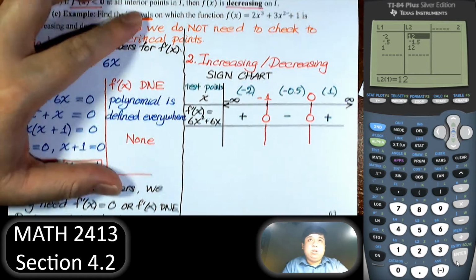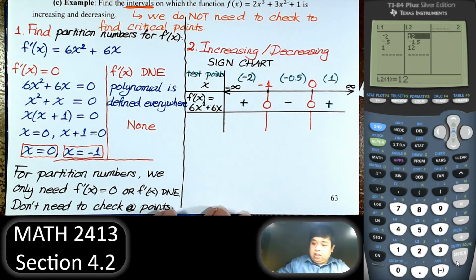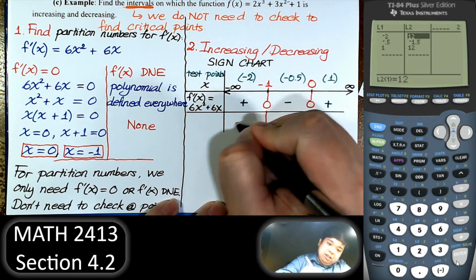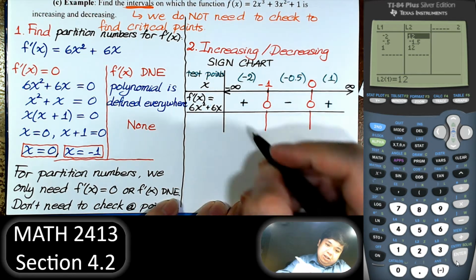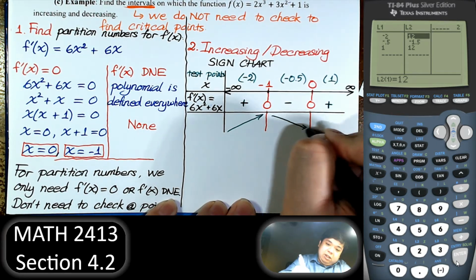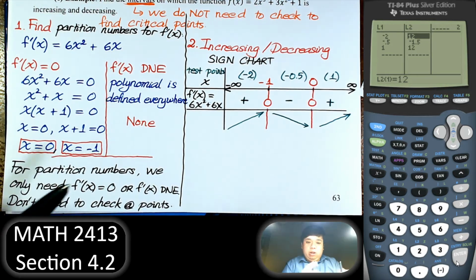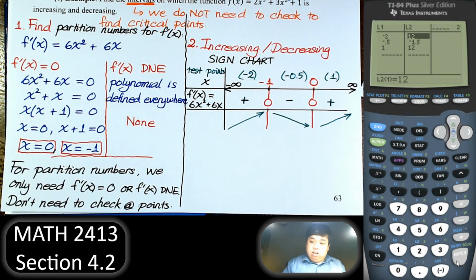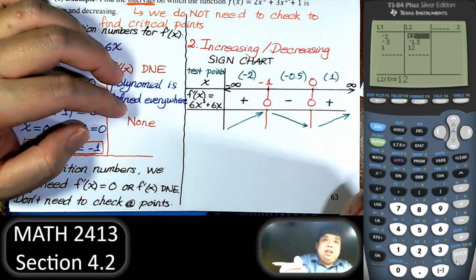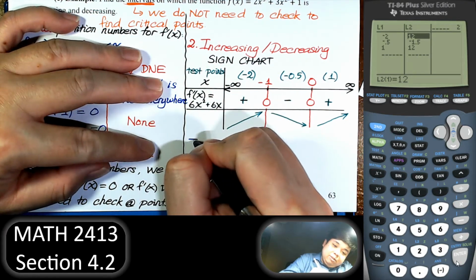According to the theorem we have here, if it's positive, it is increasing. If it's negative, it is decreasing. So in this case, we draw the sign chart, and from here the answer is clear. The question is where it is increasing.